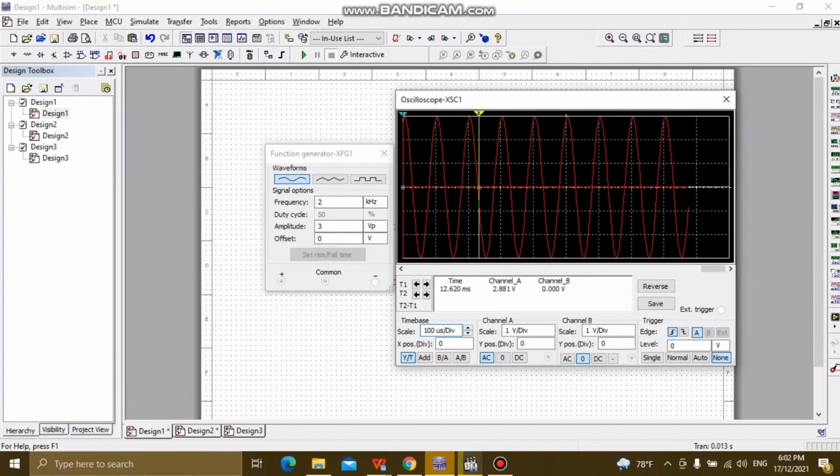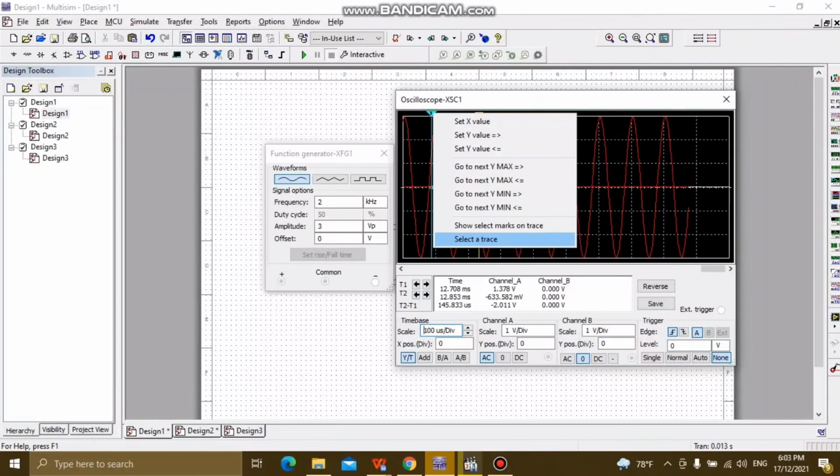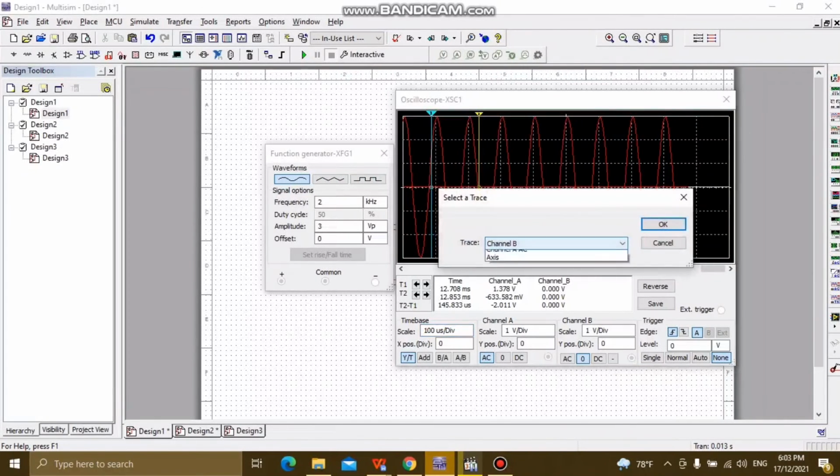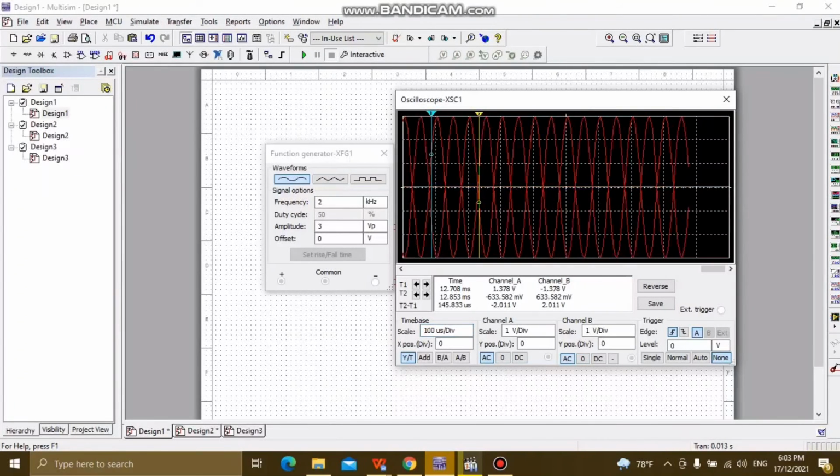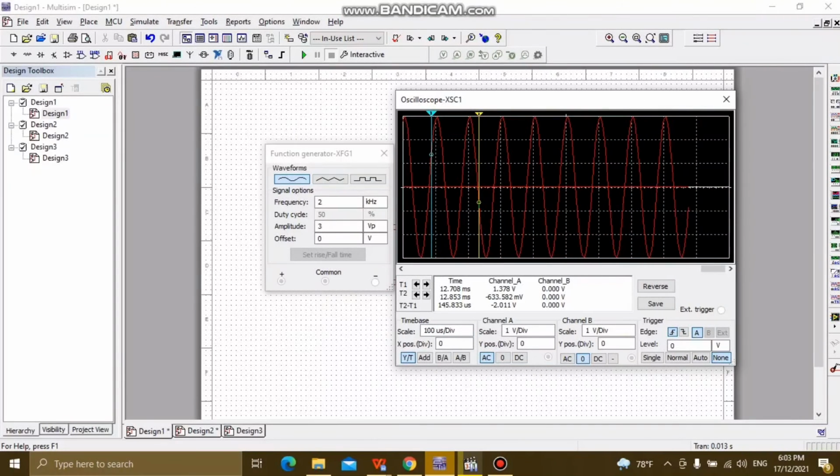First, we must set the trace to the channel. So we drag the cursor and move it to the maximum point. You can see here.